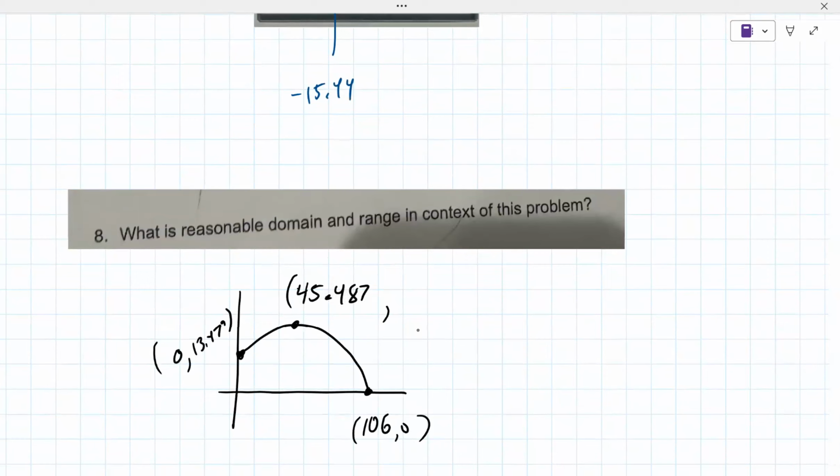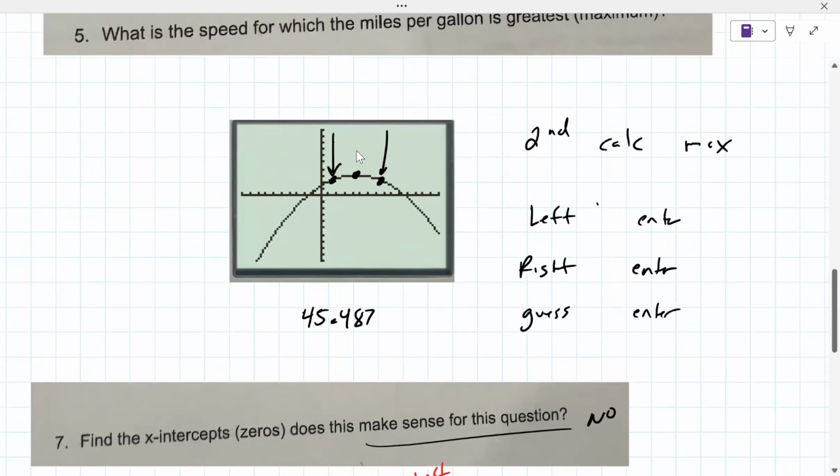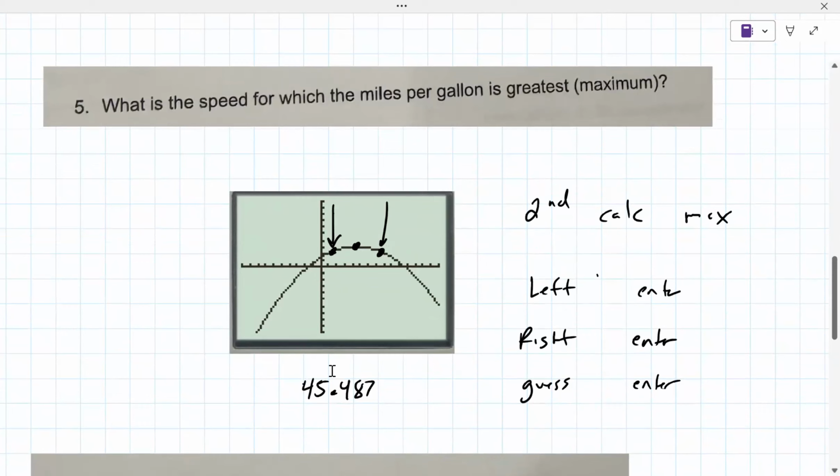Yeah, second calc max again. For which part? Sorry, I'm asking you to give me the y value for the vertex, the second calc max.